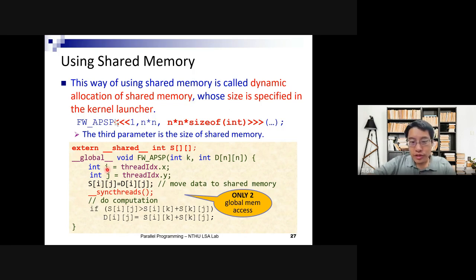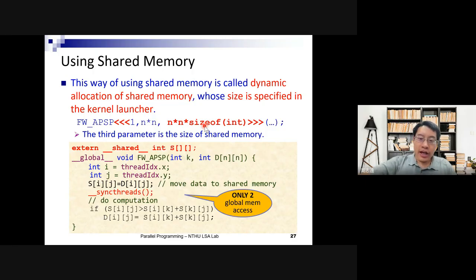Okay, so what that means is if you try to allocate a larger shared memory space, then it may reduce your concurrency on the GPU. Okay, and you might suffer from longer scheduling delay on the GPU device.